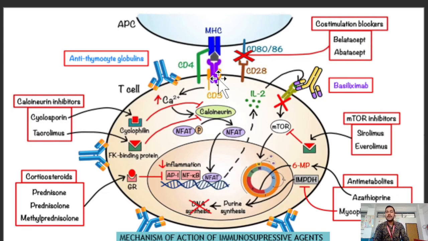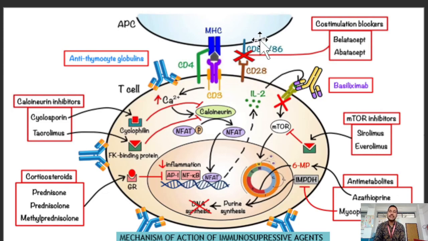The first binding is between the CD4 of the APC and the CD3 of the T cell.